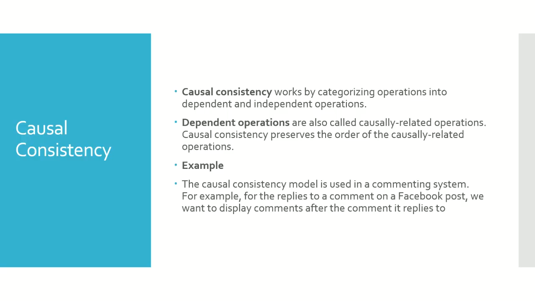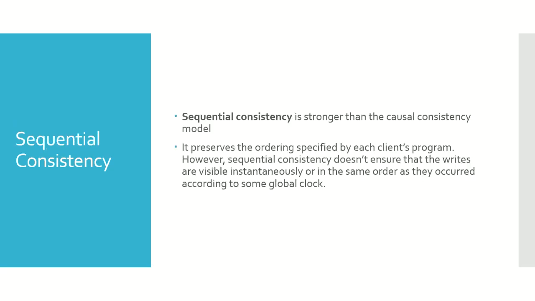There should be an ordering, because people comment, and others reply and comment back. So there should be a chain of comments we show. If someone is commenting on comment 1 and comment 2, the ordering could depend on a timestamp or anything. So the causal consistency model treats certain operations as dependent and certain operations as independent, and ensures that only the dependent operations follow the order.